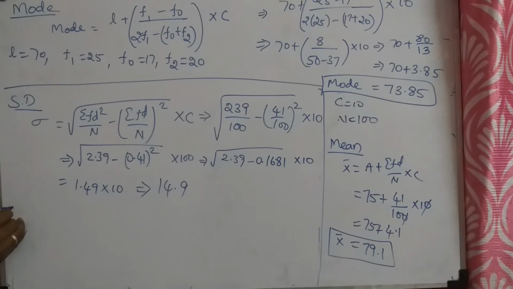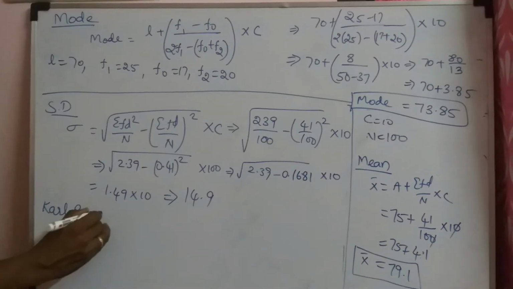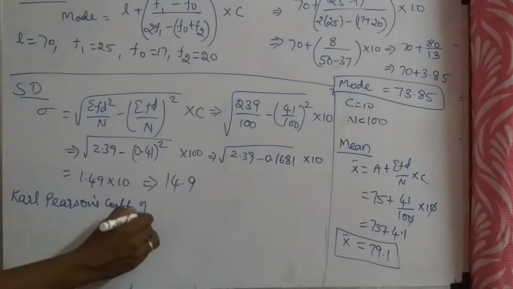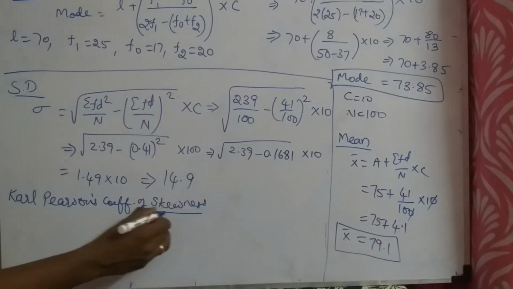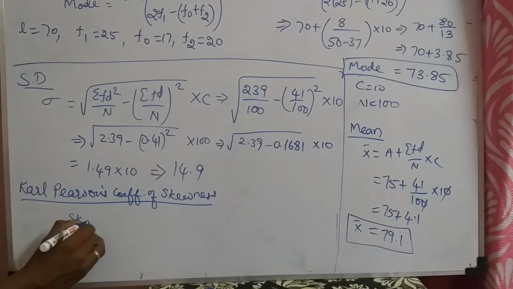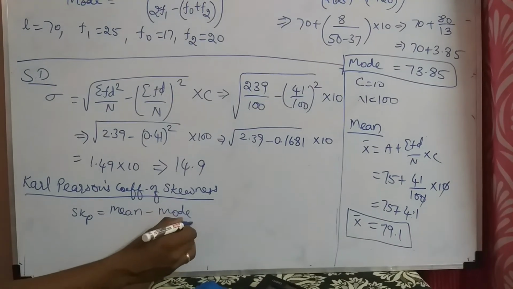Next, Karl Pearson's coefficient of skewness is nothing but mean minus mode by standard deviation.